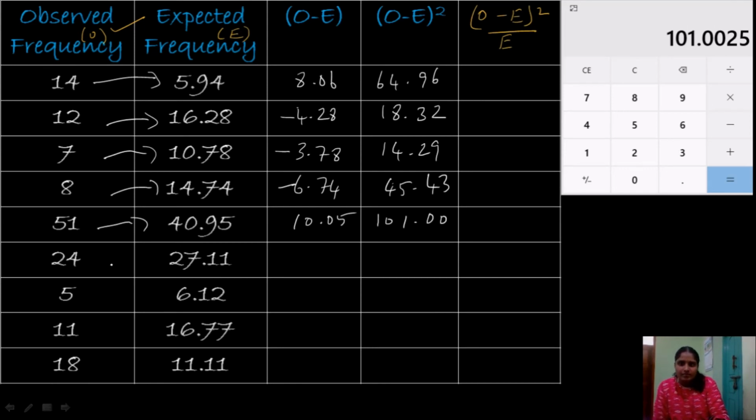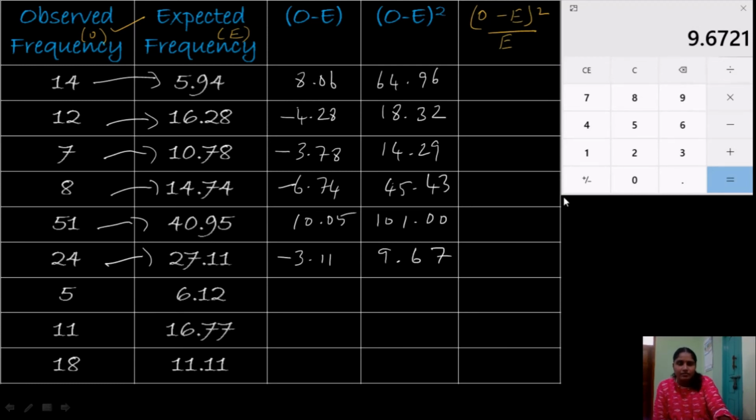So next, 24 minus 27.11. We get minus 3.11. By squaring this value, minus becomes positive. So 3.11 square is 9.67.